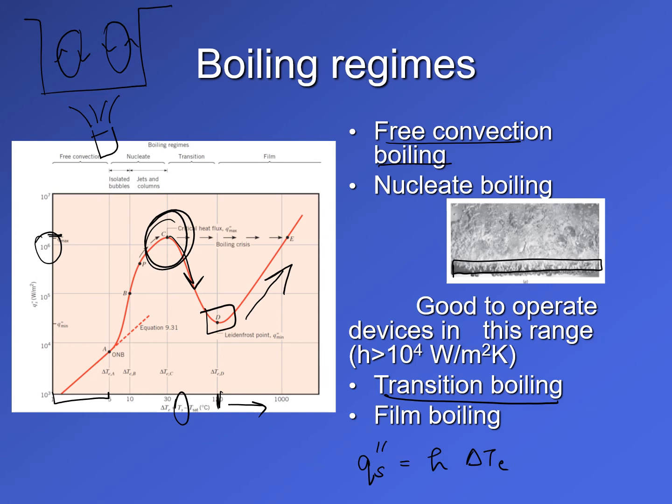So if I'm trying to calculate my H at point C, this is 10 to the power of 6 approximately, divided by the excess temperature here, which is 30 degrees centigrade. So this results in a value which is approximately 3 times 10 to the power of 4 watts per meter square Kelvin.